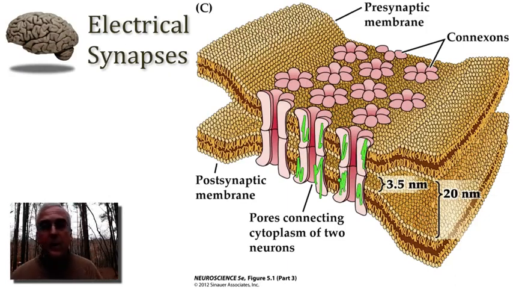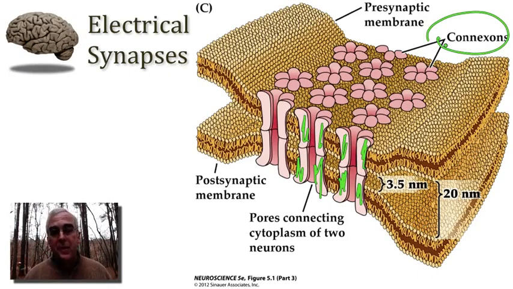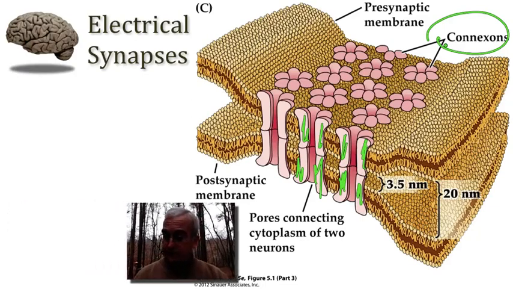These proteins that form these gap junctions are called connexons, and they aggregate to provide an aqueous channel that allows for a current-carrying molecule to pass directly from the cytoplasm of one neuron to another neuron.